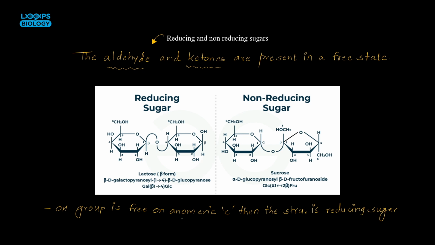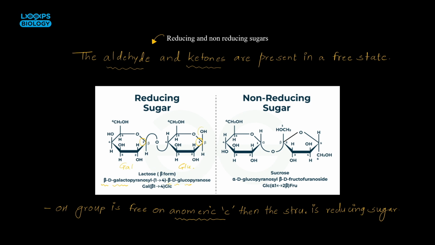As I have told you, the anomeric carbon is the first carbon on the cyclic chain of a structure. In this particular structure, this is my first carbon, while in another, this is my first carbon. In lactose, beta galactose and beta glucose are used. This is the structure for galactose and this one is glucose.